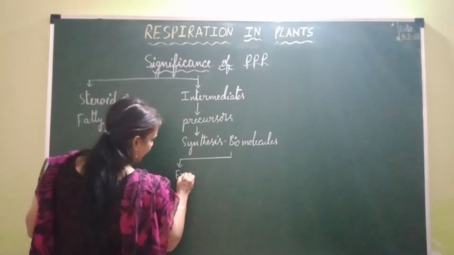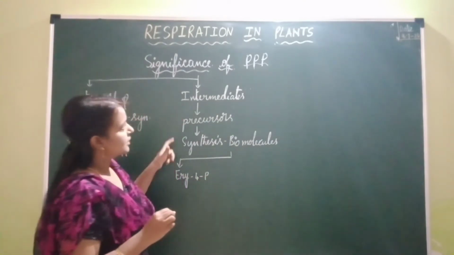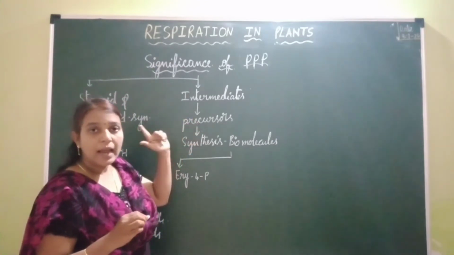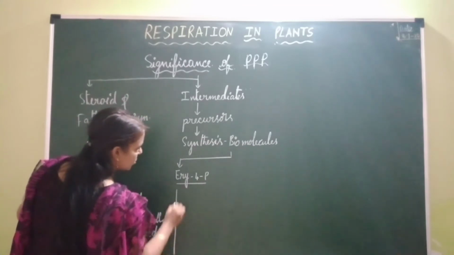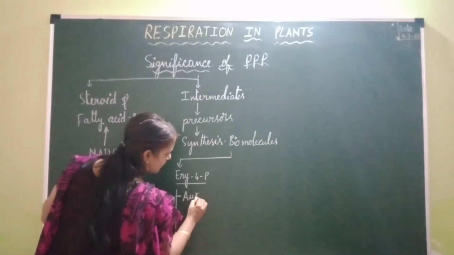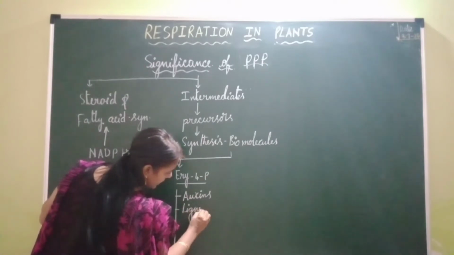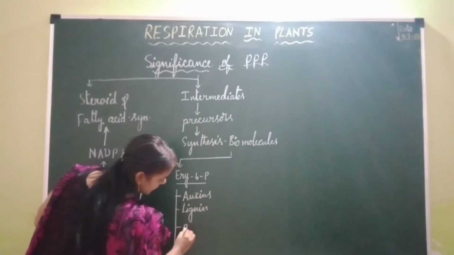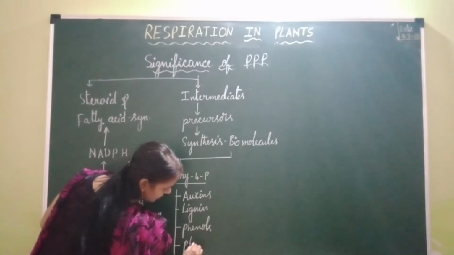For example, erythrose 4-phosphate. This erythrose 4-phosphate is an intermediate which is formed during the PPP pathway, and it is used as a precursor for the synthesis of auxins, lignin, phenols and phytoalexins.